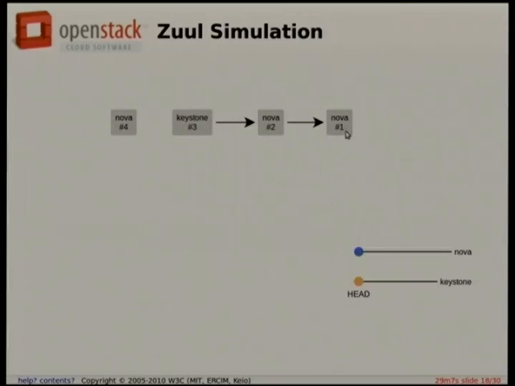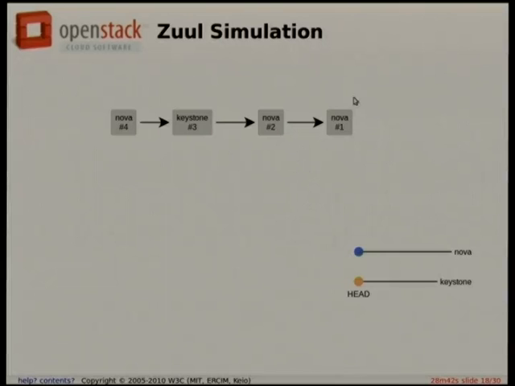They approve a change to Nova, another change to Nova, then a change to Keystone, and then another change to Nova. These two projects, Nova and Keystone, are different projects, but we run them together in the integration test, which means that either one of those could break the other project. So we actually need to serialize changes to both of those projects in one queue.